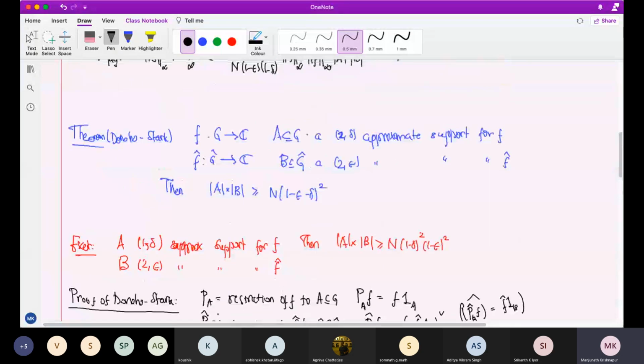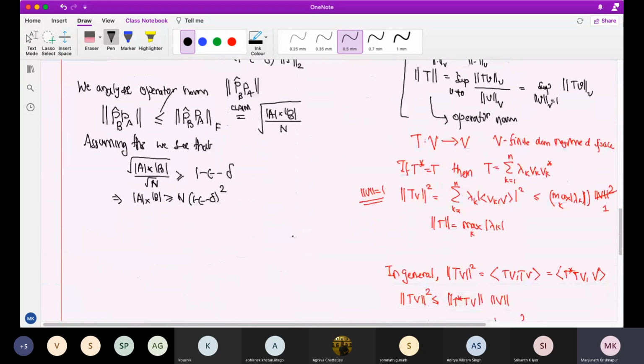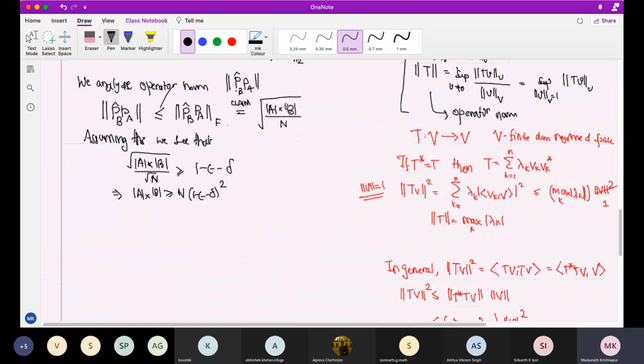That's what I wanted to prove: the product of these approximate supports is at least n times 1 minus epsilon minus delta the whole squared. The only thing that remains is to prove this claim, that the Frobenius norm is exactly equal to this, the square root of size of A times size of B by n. So let's prove that.